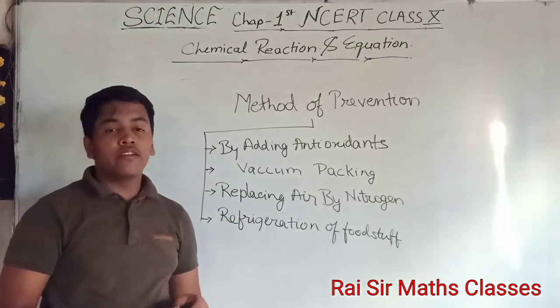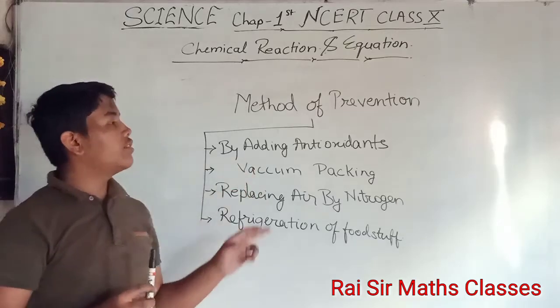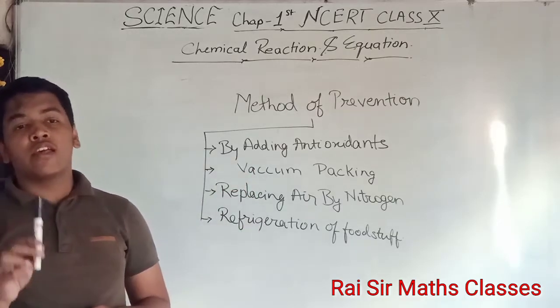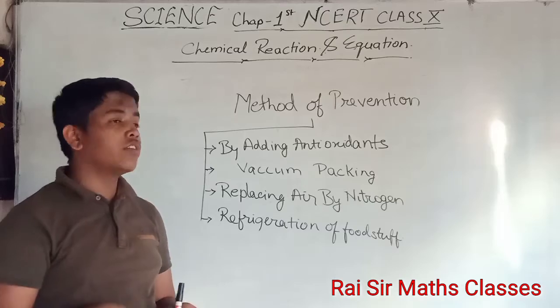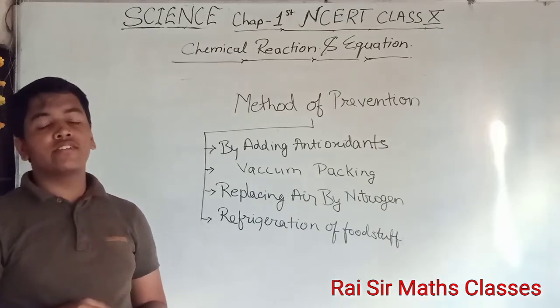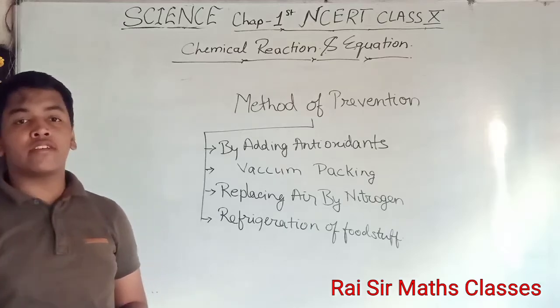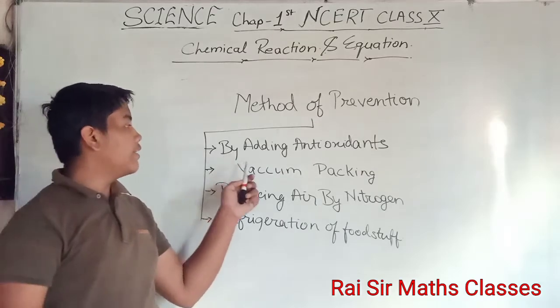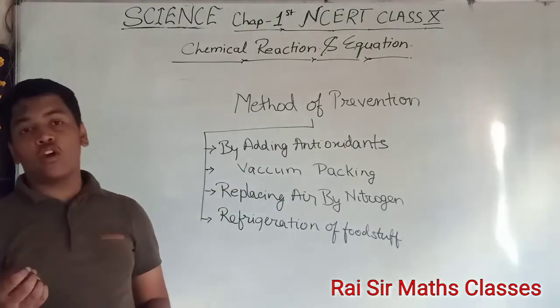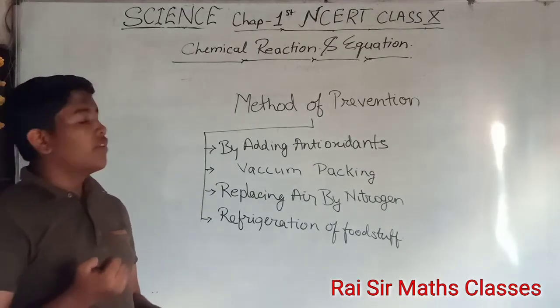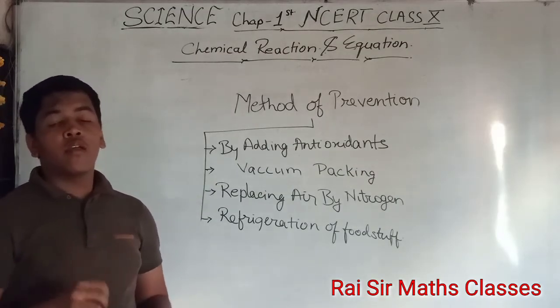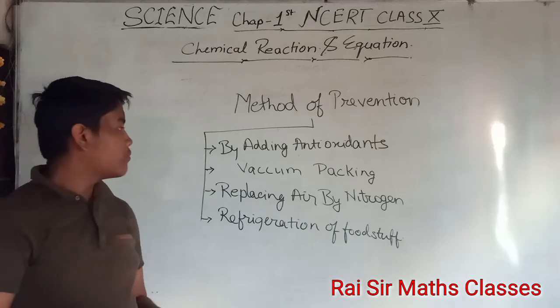As we know, for all these processes, rancidity or corrosion, two basic things, air and water, are compulsorily needed. So by adding antioxidants, that is salt and oil, we can preserve it for long.